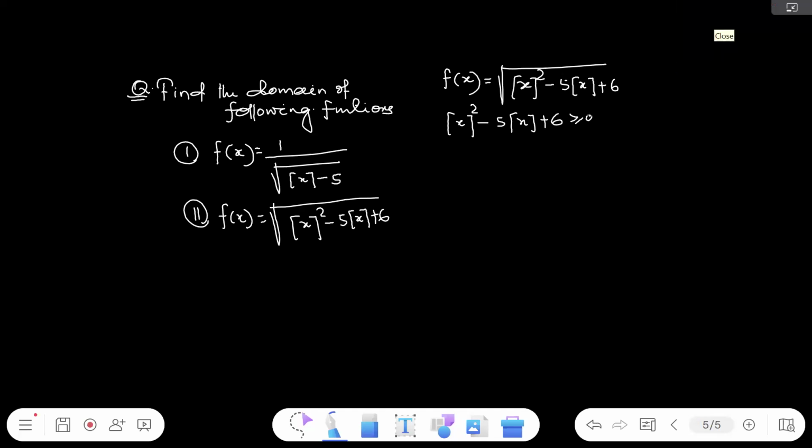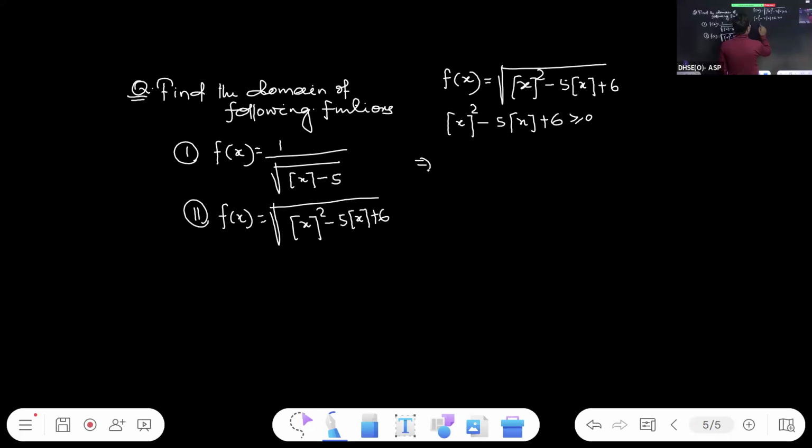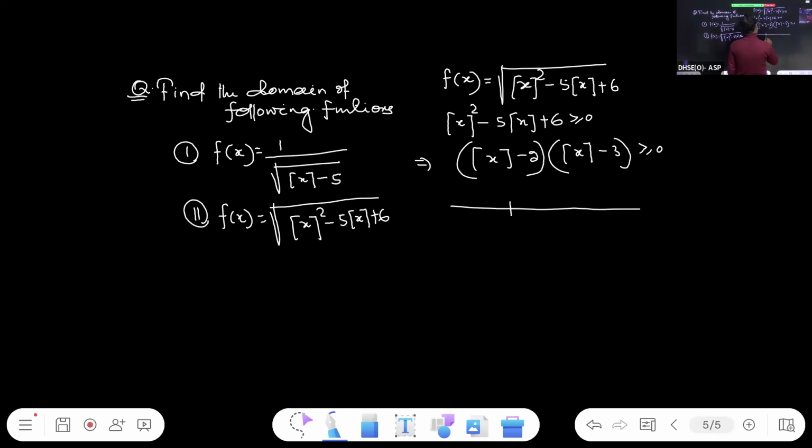So this can be factorized as bracket x minus 2 into bracket x minus 3 greater or equal to 0. Applying the wavy curve method, critical points are 2 and 3, with signs plus minus plus. So bracket x should lie in the interval minus infinity to 2 union 3 to infinity.